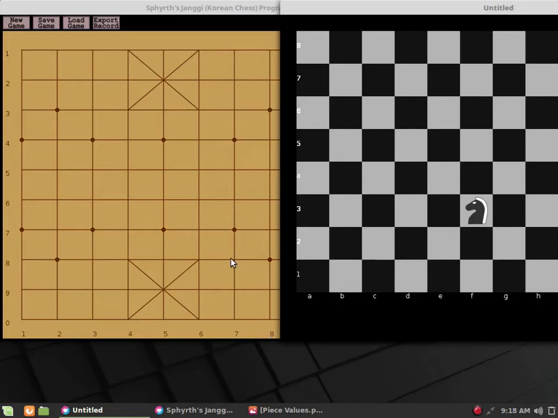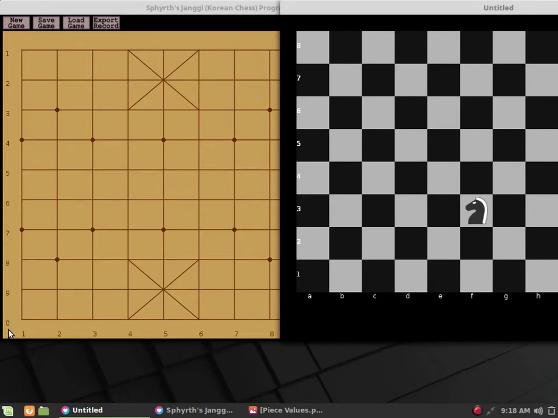Second difference, let's go with the visual things first. You count up, starting from 1 at the bottom rank, going up for the chessboard notations. But when it comes to Janggi, you count down. That's another difference. And also, you may notice that it goes 1, 2, 3, 4, 5, 6, 7, 8, 9, and then 0.